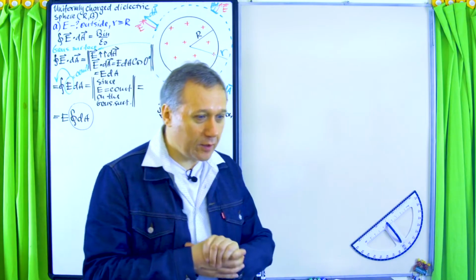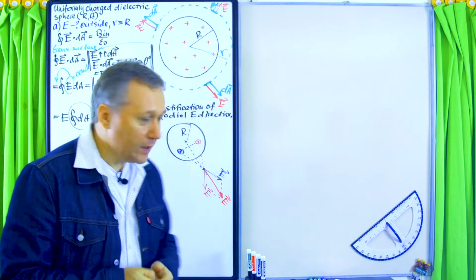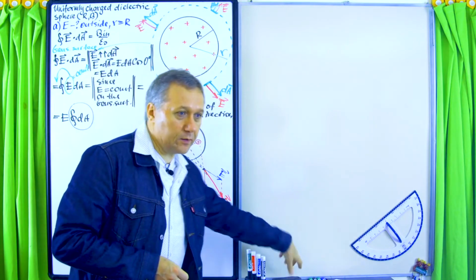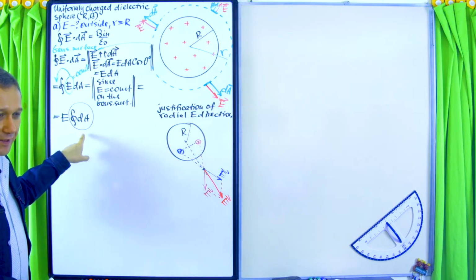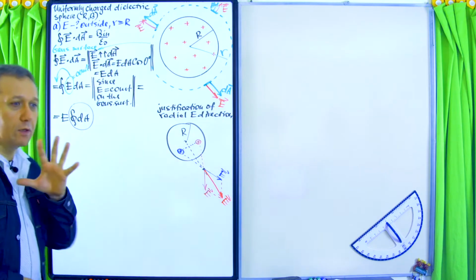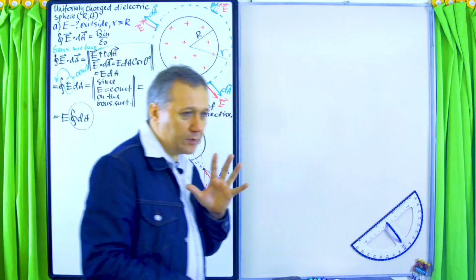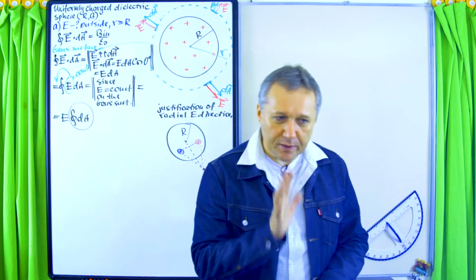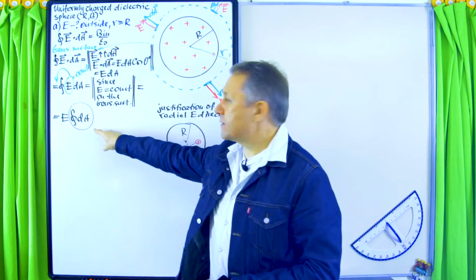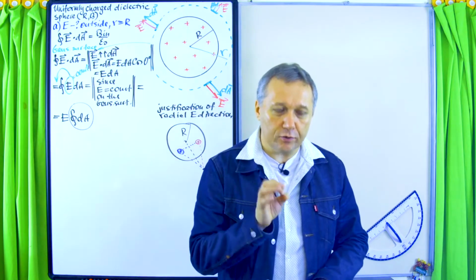Okay, let's continue. What's the value of this integral? I keep telling you the same thing. Strictly speaking, from the mathematical point of view, this is not a trivial integral.